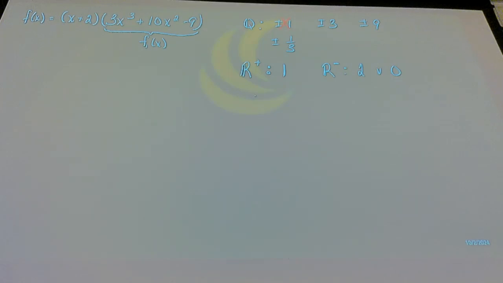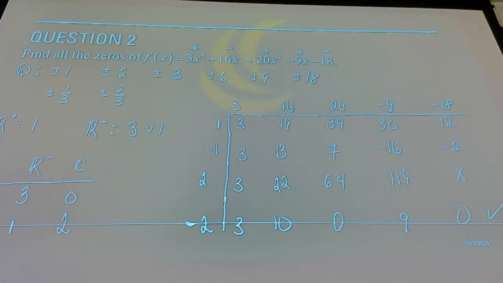There's an x missing and then -9. Also, cheat. Look at the last row. Those would be your coefficients, ignoring the very last one because that's the remainder.